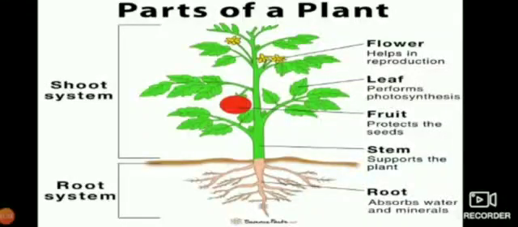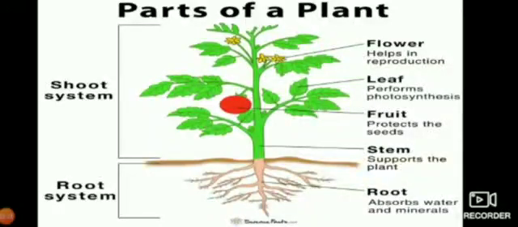Now you can observe you are having two systems in a plant. Those are root system, which is the underground system, and shoot system, which is the aerial system. That means it is present above the ground.